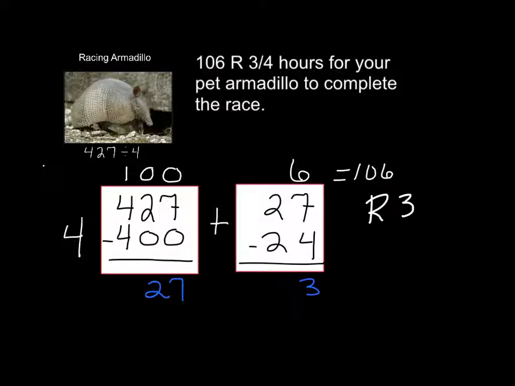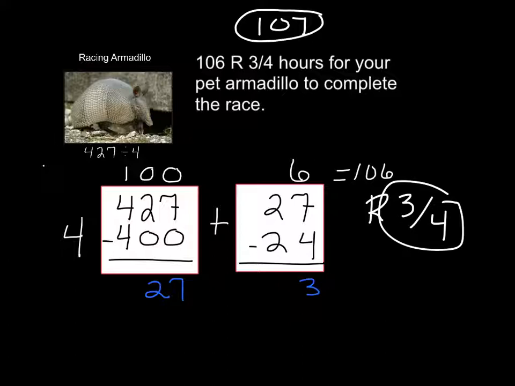If you were going to round that off, you'd round it off to about 107 hours. But we're going to be specific here and say 106 hours and 3/4 of an hour for your pet armadillo to complete the race. Whenever we write our remainder, we can always write that out of the divisor, so out of 4. So another 3/4 of an hour would be added to the 106 hours.